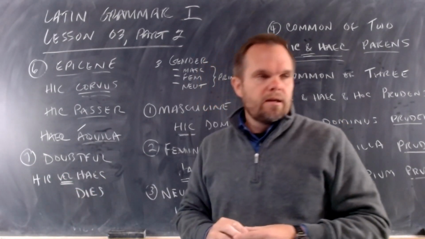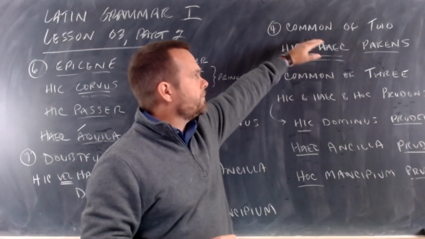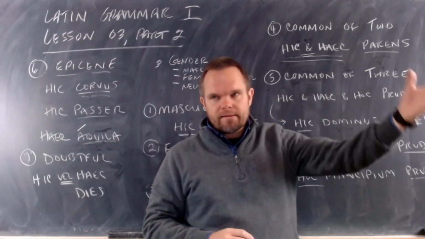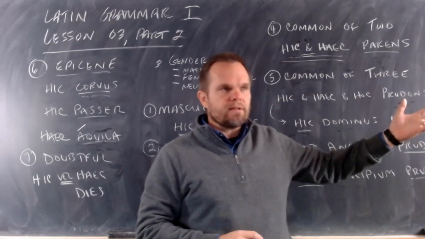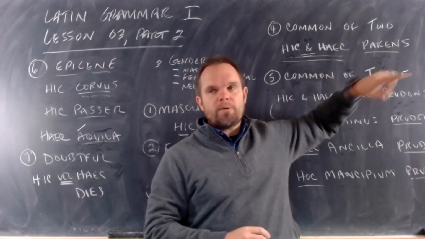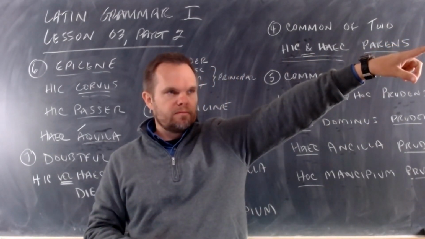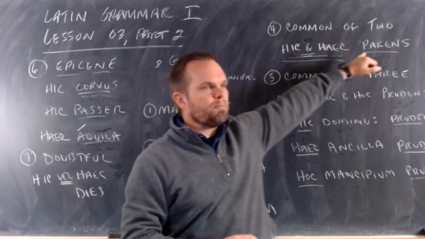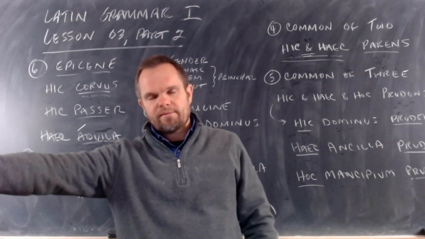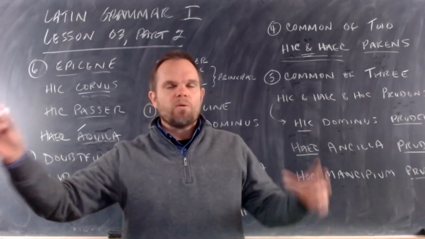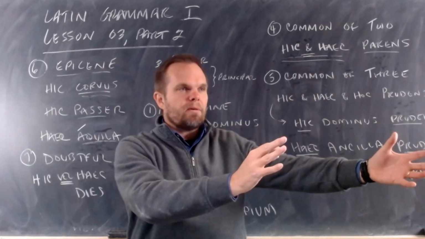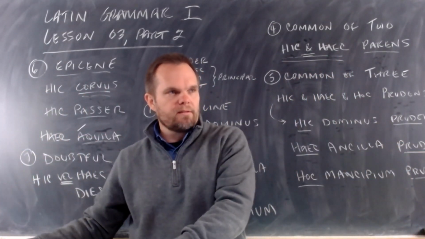Okay? Common of two, parens, is referred to in a way that's not doubtful. It's not doubtful. It's clear what they mean. When they say hic parens, it's because they're referring to a male. And when they say haec parens, it's because they're referring to a female. And the word parens has a meaning that can be a name of a male or a name of a female.